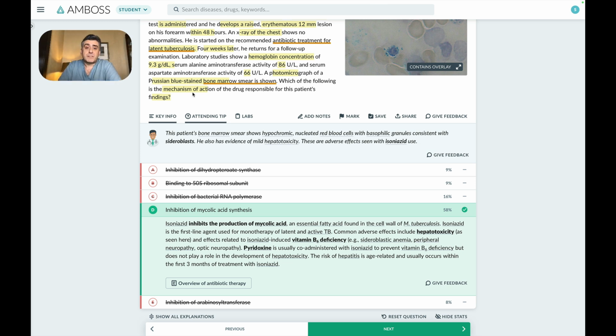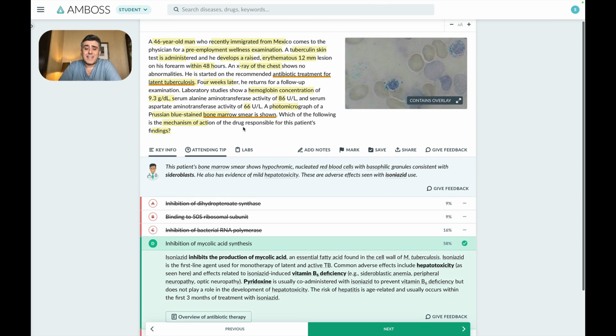So points of entry: in this case, they give you lab values, so you know that this is something going on with the body. Anemia versus liver enzymes are increased. They present the case, you know it's TB. Forget about the photo. If you want to get it, fine. Look at it, understand it, memorize it. If you knew it was basophilic granules, congratulations.